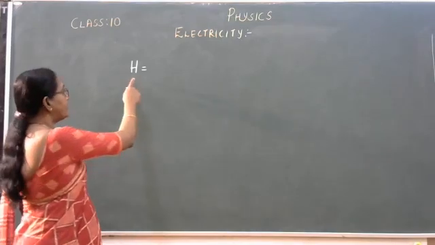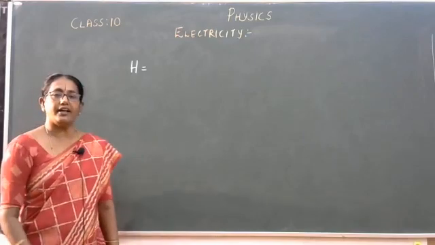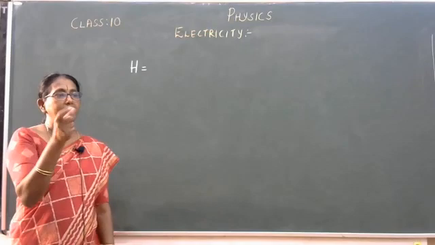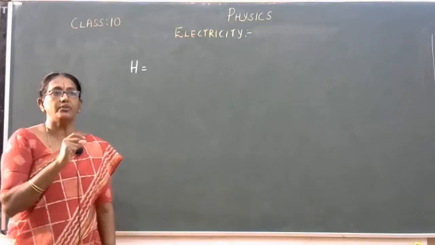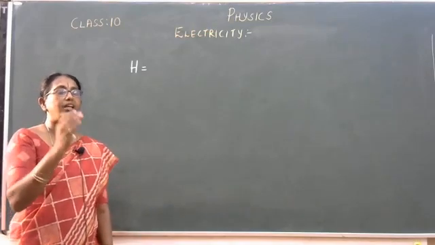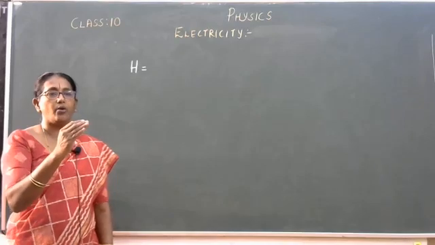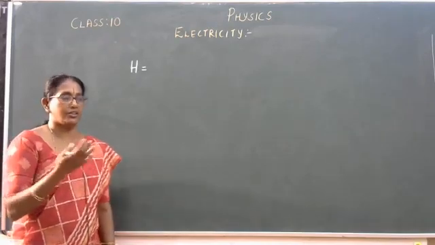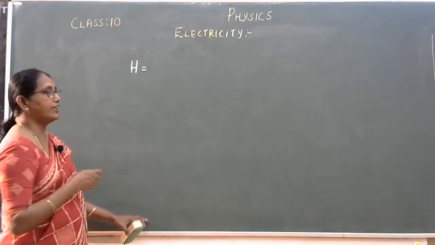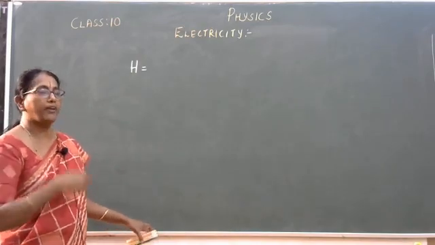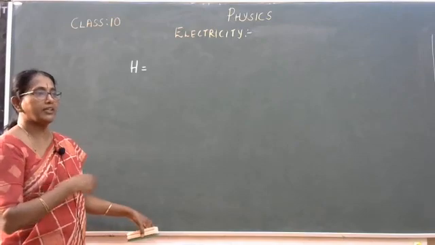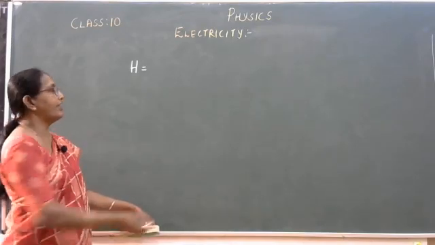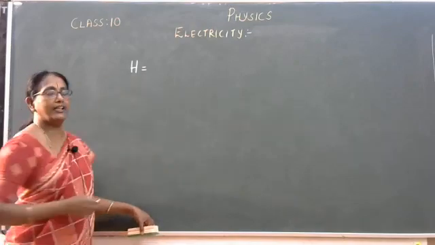We can always convert work done to energy; they can be equated. The work done can be equated to energy consumed or energy used. Therefore, the work done in making a charge move from one point to another point, thereby making the electric current flow through that device, can be equated as the heat energy.